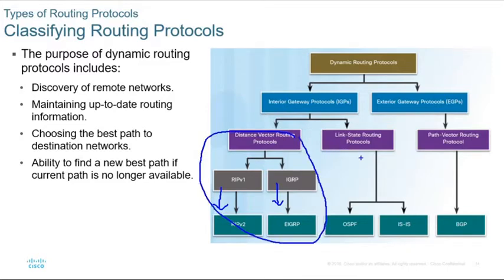Now on the other hand, we have link state. Under link state routing protocols, we have OSPF, and then we also have IS-IS.